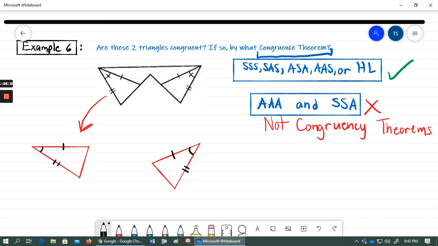So folks, if we literally follow along our triangle, start someplace and follow along. The first type of marking that we get to is for a side congruency. The next type of marking that we get to is for an angle congruency.